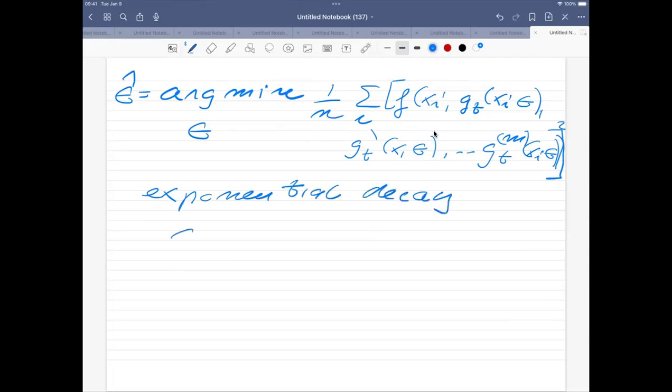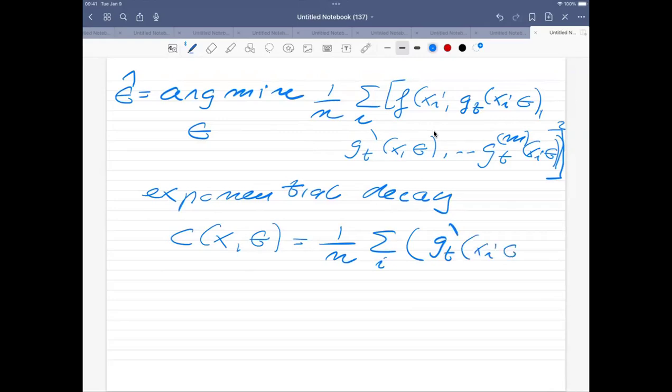In that case, my cost function, C of theta, is equal to 1 divided by n, and I sum over all the points which I'm setting up, and I'm having my function g_t prime, which is a derivative of x_i of theta.